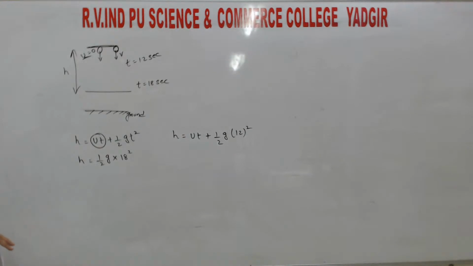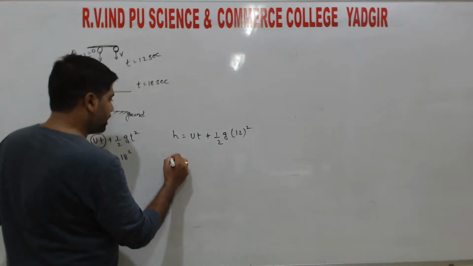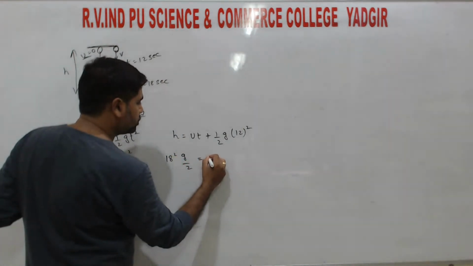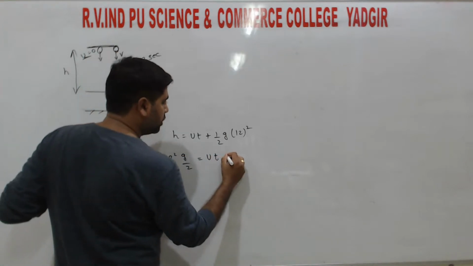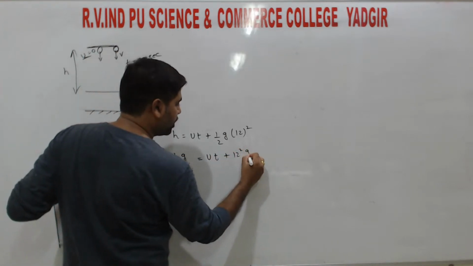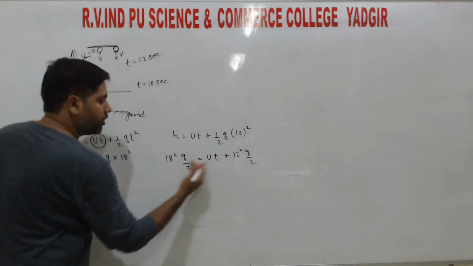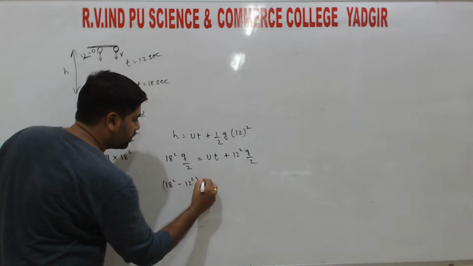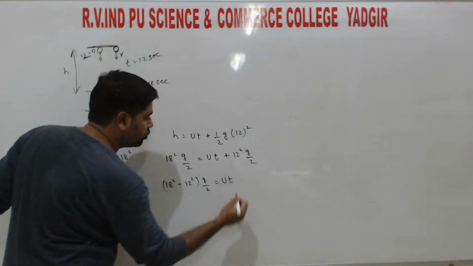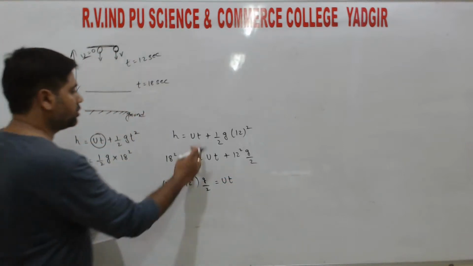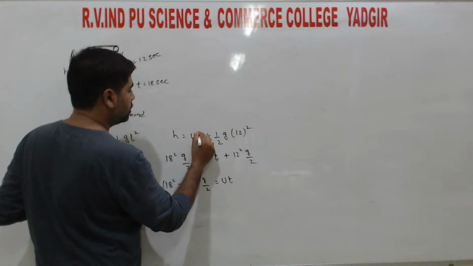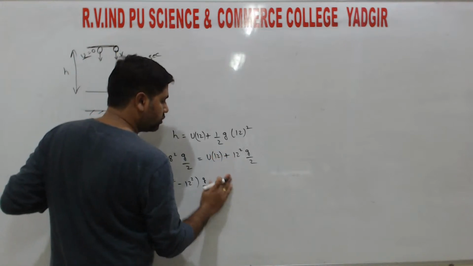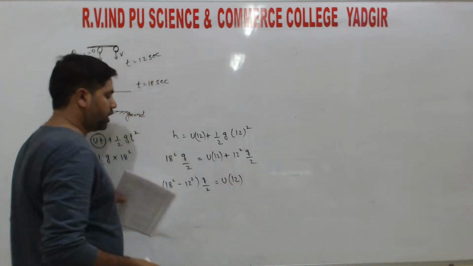Substituting h here, 18 square g by 2 equals ut plus 12 square g by 2. If we shift this to LHS, 18 square minus 12 square, g by 2 equals u into t. Here the time t is 12 seconds, so u into 12.